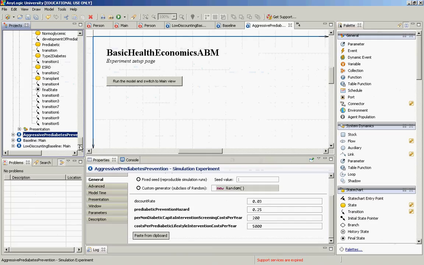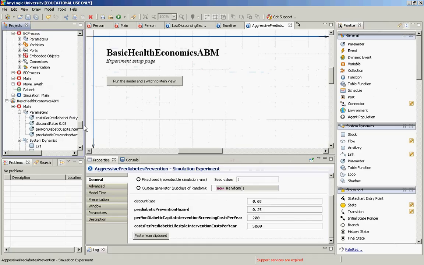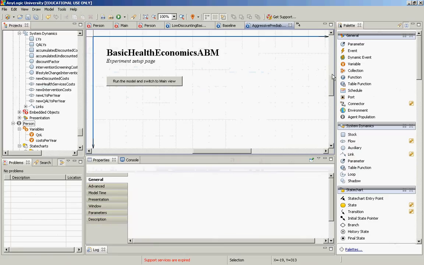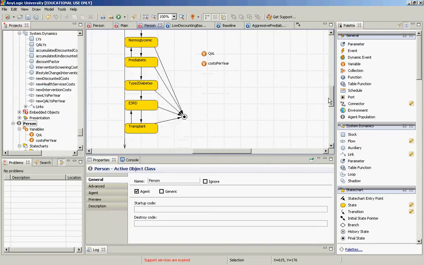Okay, now let's suppose that we were to want to expand this by considering costs that are sort of event costs. Thus far, we've been considering costs associated with cost per year of being in a state. Let's suppose we wanted to have a cost associated with something like a transplant operation. Instead of trying to amortize that across a post-transplant state, let's suppose we want to take into account the actual cost of a transplant operation.